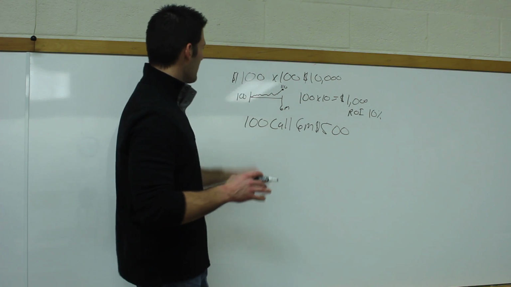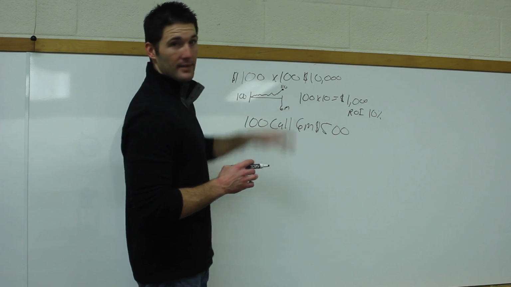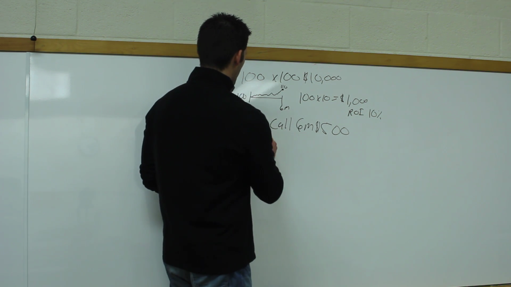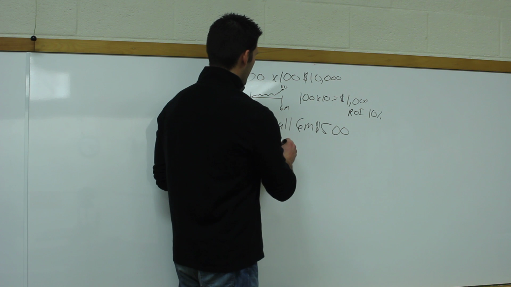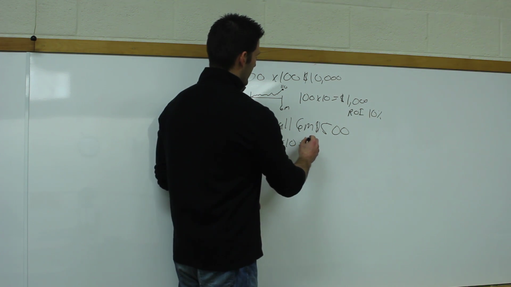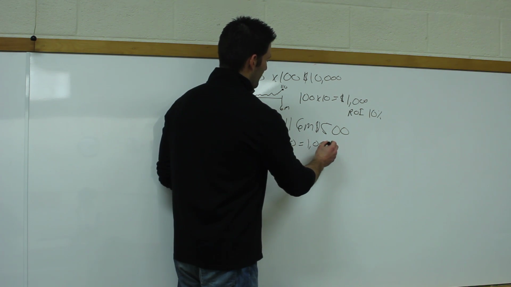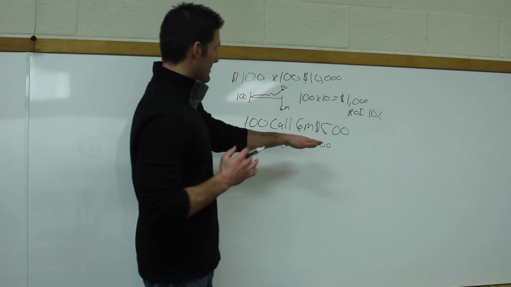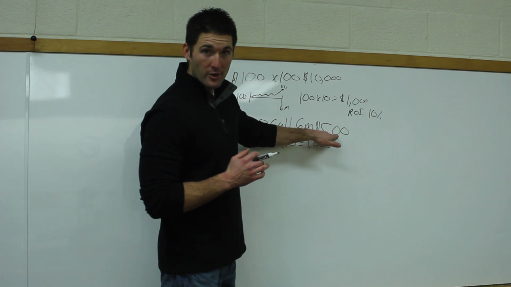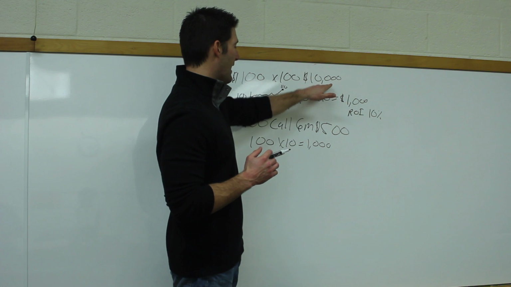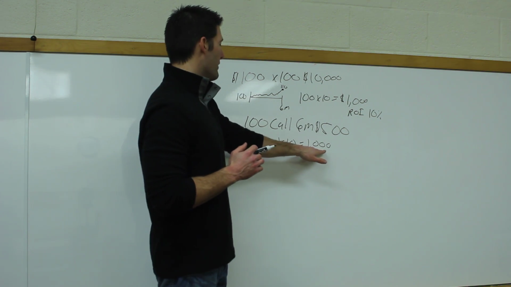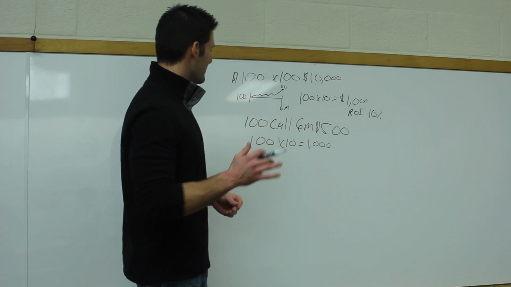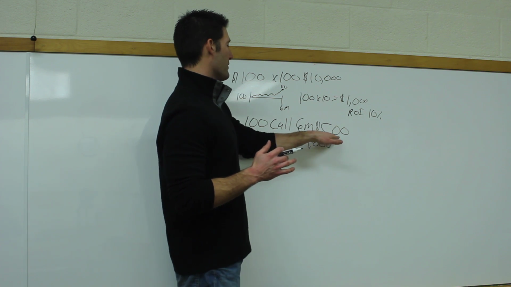Now, same example applies. The stock went up $10 per share. So we have $100 times 10 is going to equal $1,000. So in this example, it cost us $500 to get in, instead of $10,000, and we made the same $1,000. Now, we have to subtract the price we paid for the option.